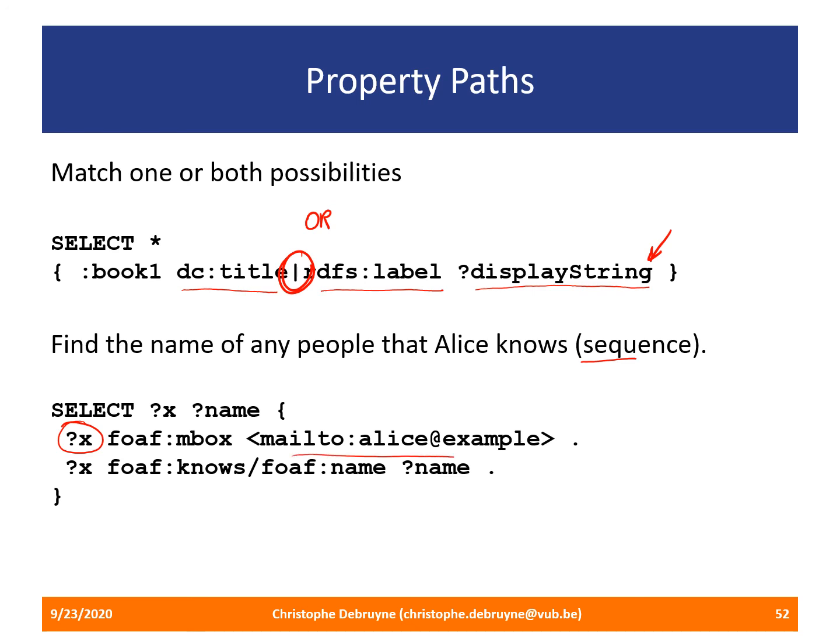And we are going to look for the names of the people she knows. So basically we are looking for people, and remember the range of the knows relationship is a person, and we are going to look for the names of that person. And effectively we got rid of the intermediate variable if we were to put that in.